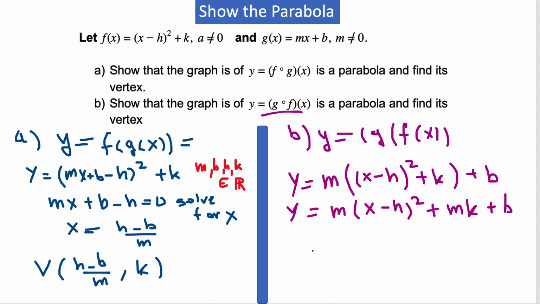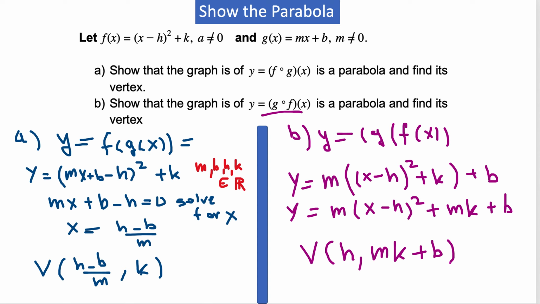If we write the vertex of this parabola, it is going to be h for the x coordinate, and mk plus b for the y coordinate. Plugging in numerical values, we find one numerical value for it, and of course one for h.